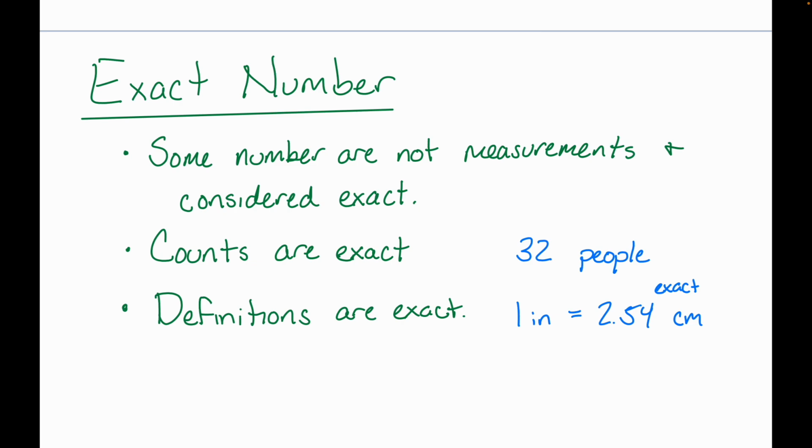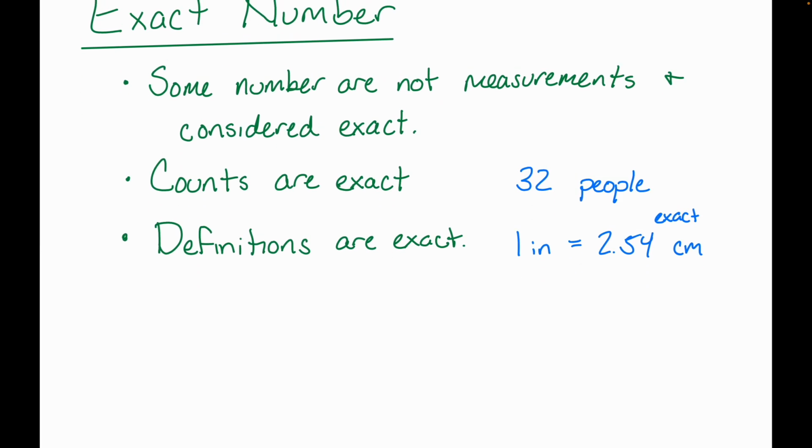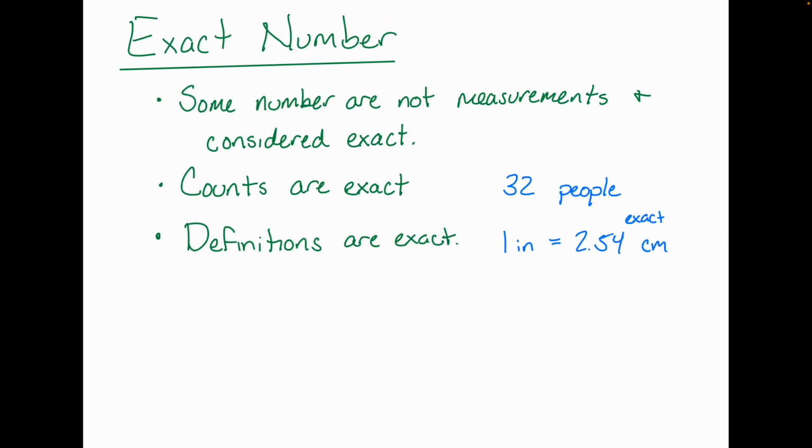When everybody got together and said, what should an inch be? They said it's going to be exactly 2.54 centimeters, right? So it's this definition that we put on there. And we'll see that a lot of our units are defined that way, all right? So definitions as well as counts are exact. And actually, exact numbers are quite nice because exact numbers will never limit our sig figs in a calculation.